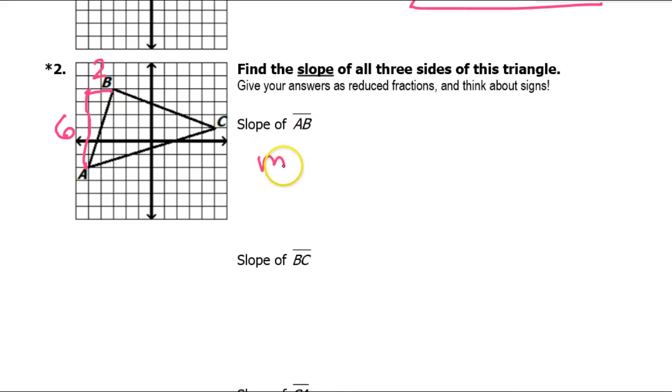So that tells me that the slope is going to be 6 over 2, which is 3. All right, so this slope is 3. Glance back to see if it should really be a -3 or not. From left to right, this is going uphill. So that means it's a positive slope. So I am going to leave this a +3.